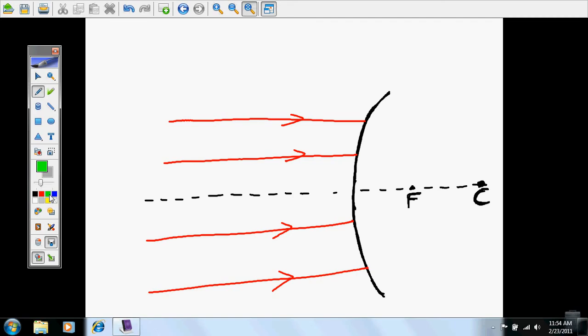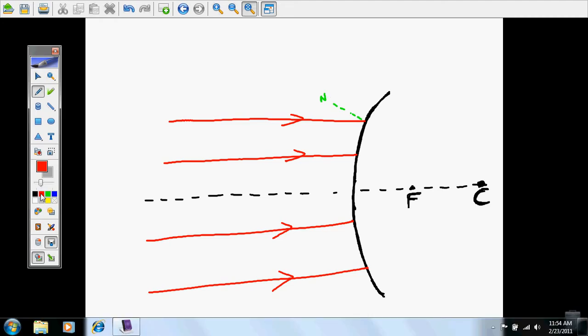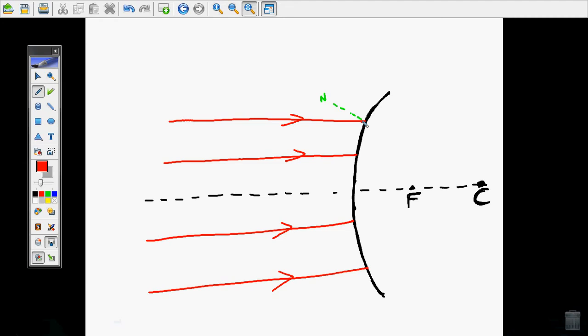Look, the normal line would be going up like that. So this time, the light ray is going to bend up. But again, watch what I do here. It bends up as if it came from the focal point.